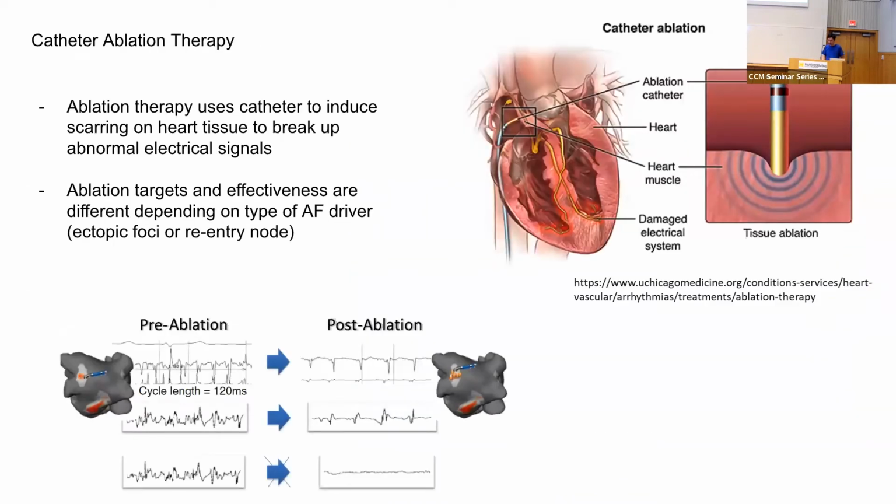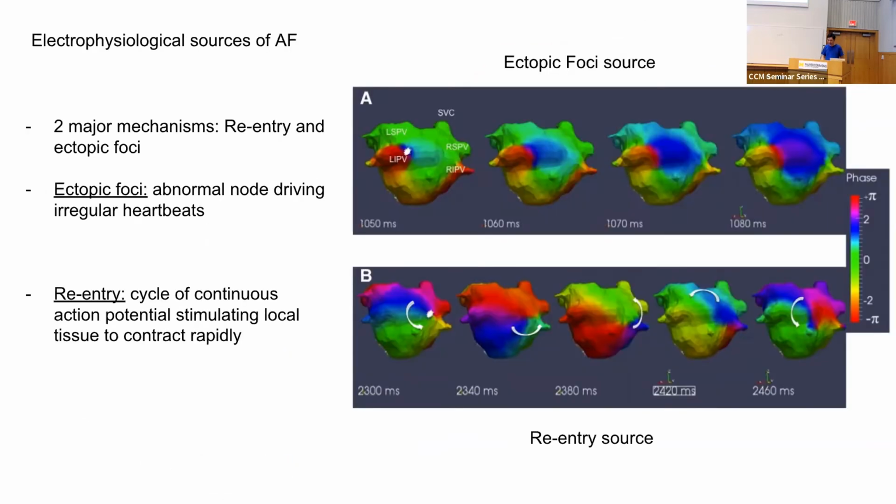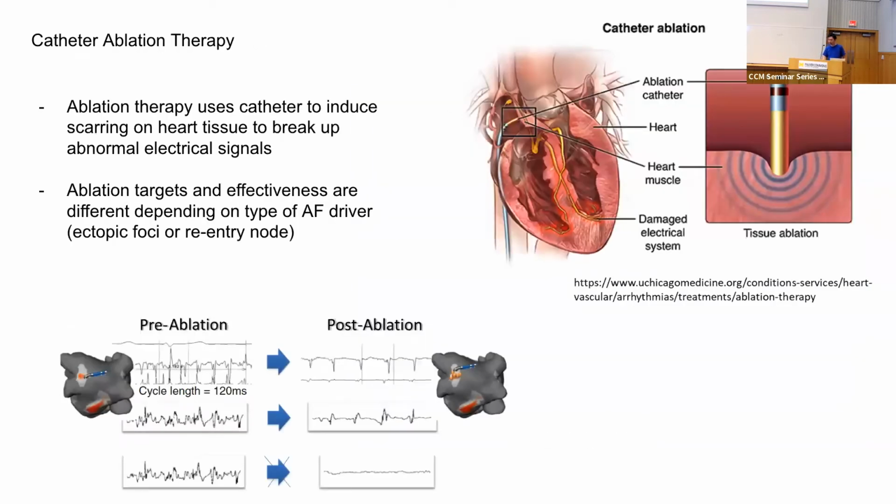From these two sources, physicians generally use what's called ablation therapy to target the node that's causing the issue. Usually in both ectopic foci and reentry, there's a patch of cardiac tissue that might be the focal point for the depolarization to circle around, or where the depolarization is coming from.